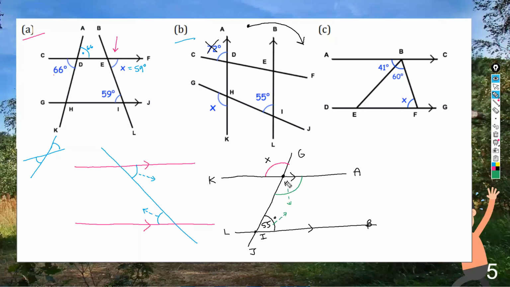So you think you all could find this angle for me, the green one? You have to take 180 minus 55 degrees. I think we're going to get 125 degrees.